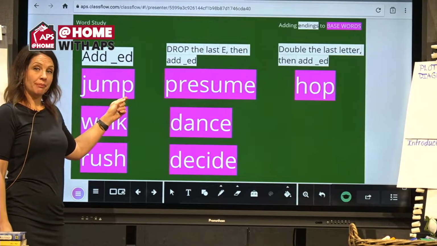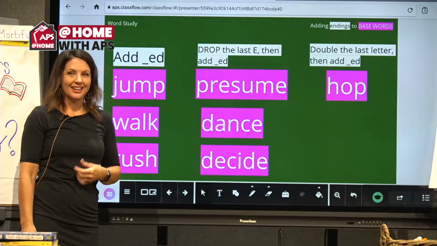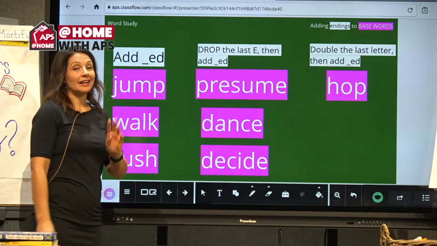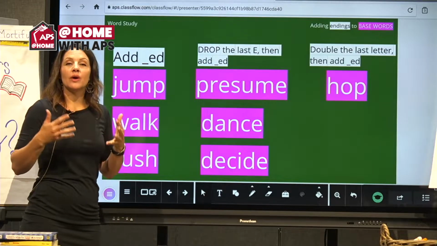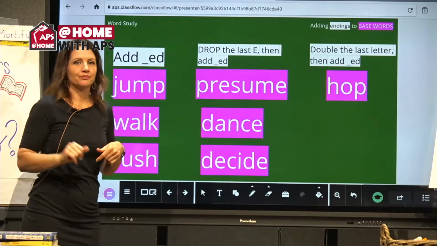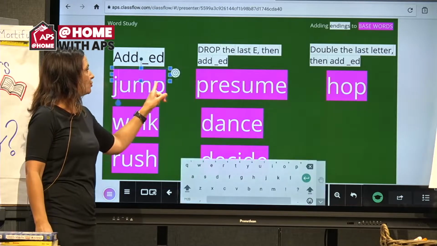The words jump, walk, and rush. There's something special about these words, and I'm going to give you a hint. It's about where the vowel is placed. A-E-I-O-U. We have a U before two consonants.